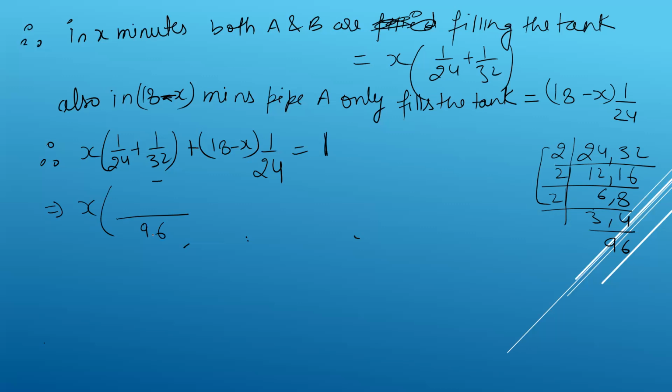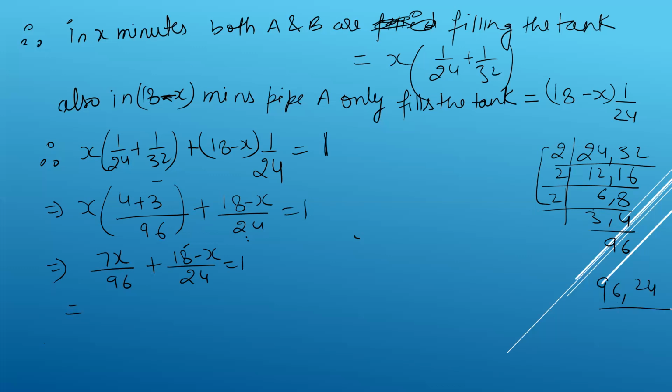So you will get (4 plus 3)x plus (18 minus x) upon 24 equals 1. Further, 7x upon 96 plus (18 minus x) over 24 equals 1. Again taking the LCM of 96 and 24, the LCM is going to be 96.